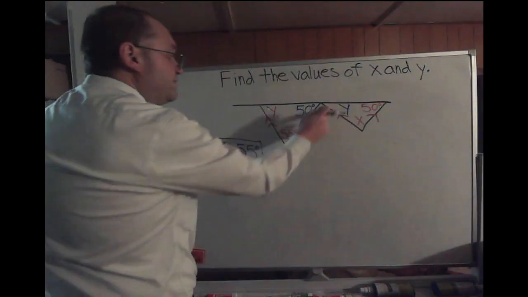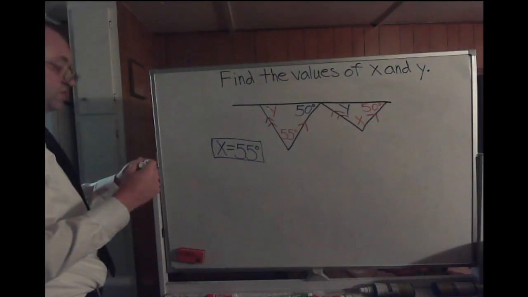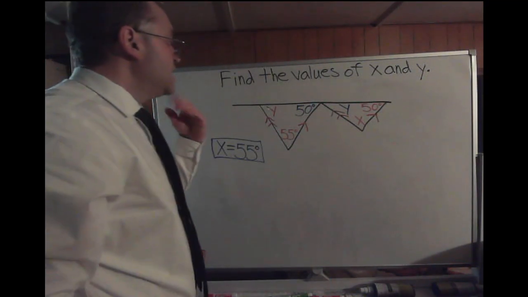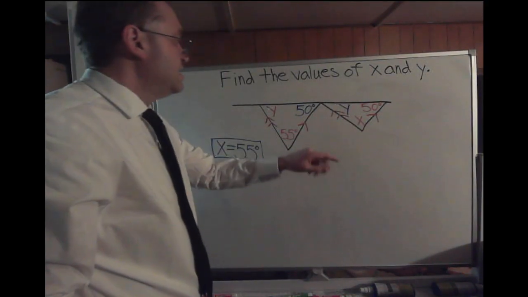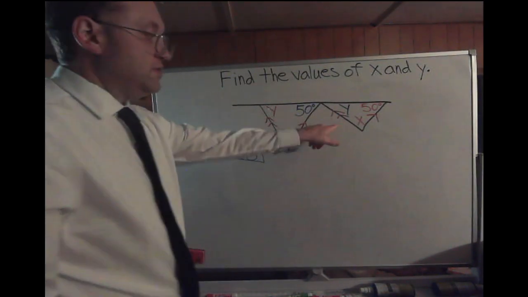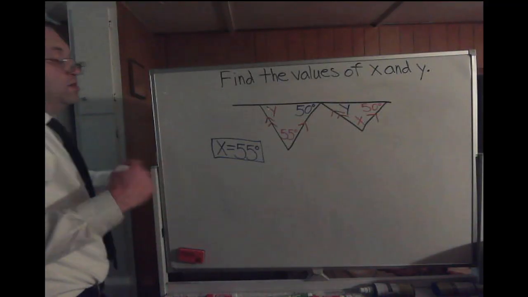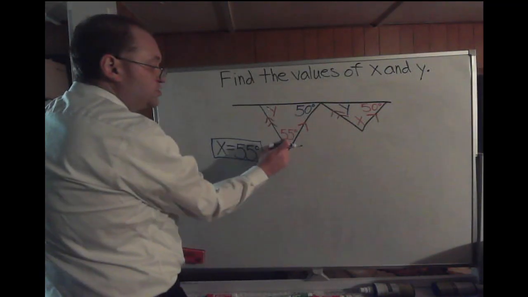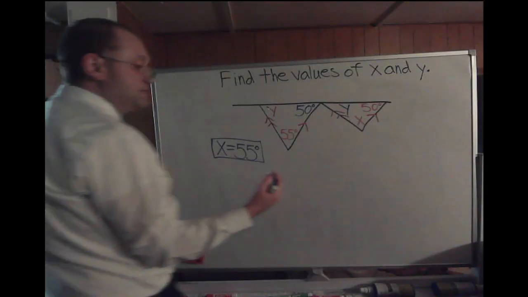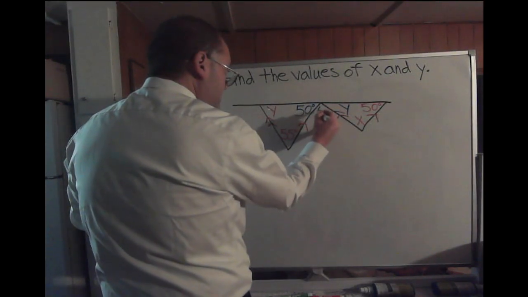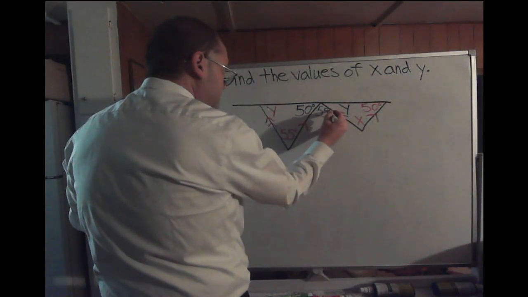Now let's figure out this angle. Again, we have this line parallel to this line, this one being your transversal. Wouldn't this angle here be an alternate interior angle from this one because it's in between the two lines? So this missing piece here is 55 degrees.